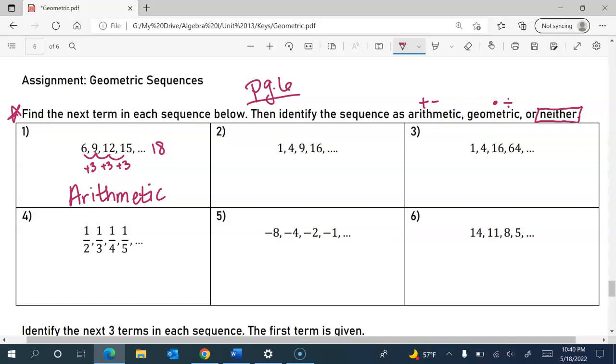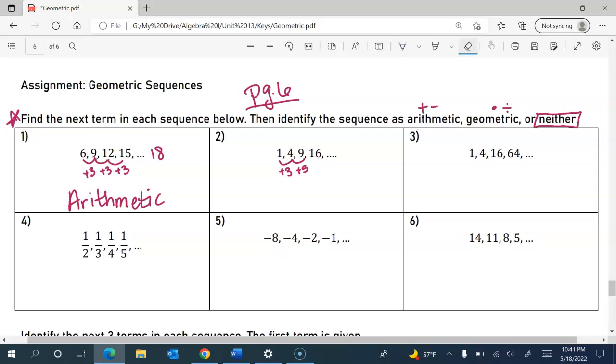For number 2, so if I check adding, here I have plus 3. Here I have plus 5. So I know right away that it can't be arithmetic, because even though we're adding something, it needs to be the same. So I'm going to go ahead and get rid of that. So let's check geometric.